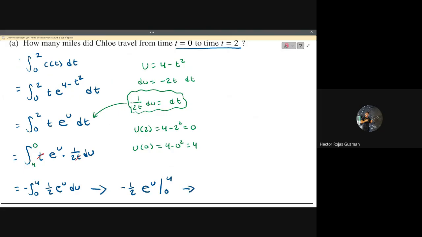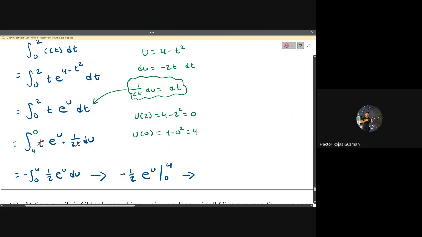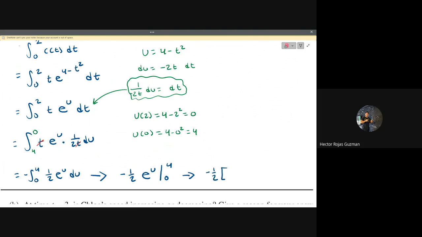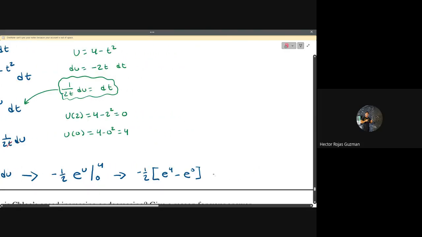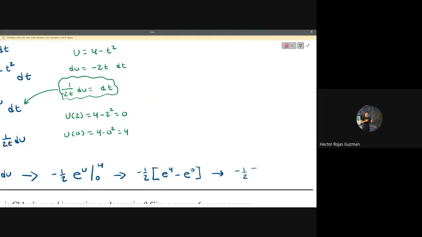I kind of ran out of space, so I have to do my work sideways. Sorry for that. So we have negative 1/2, and in parentheses, I'm going to do my f of b minus f of a, which is e to the 4 minus e to the 0. And that gives me negative 1/2 times e to the 4 minus 1.